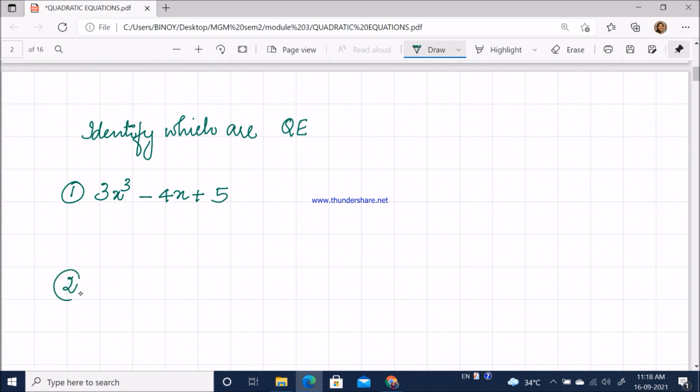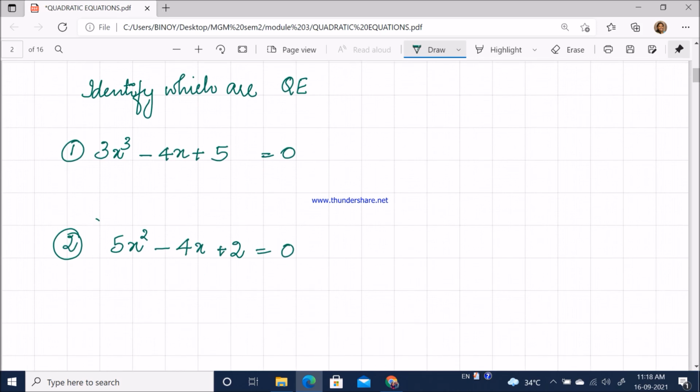The second equation is 5x square minus 4x plus 2 equal to 0. And the third equation is in the form x plus 1 by x equal to minus 2.